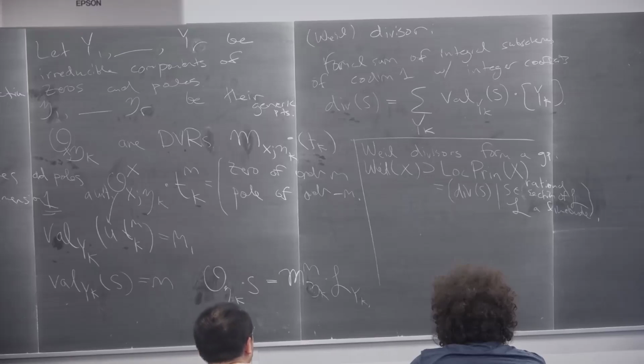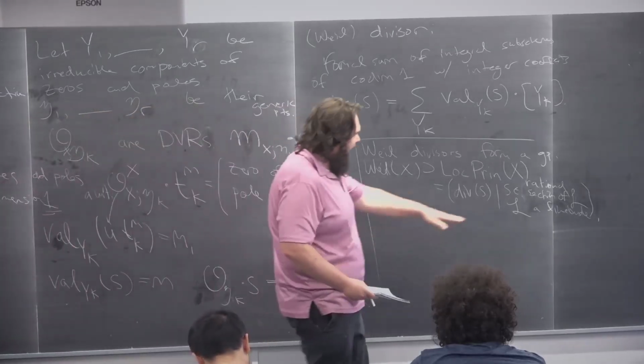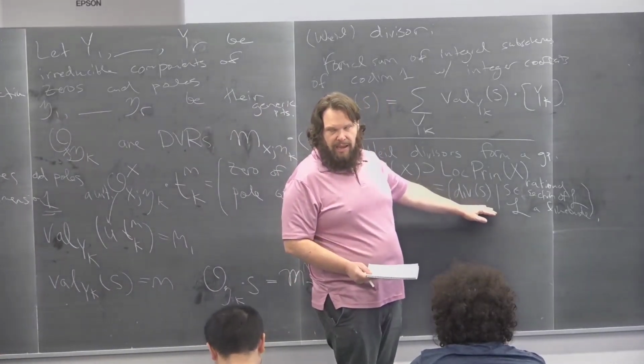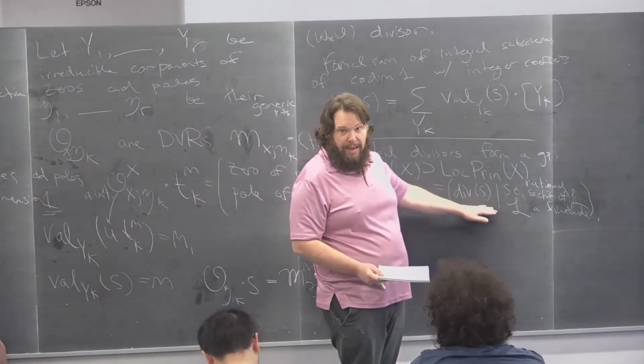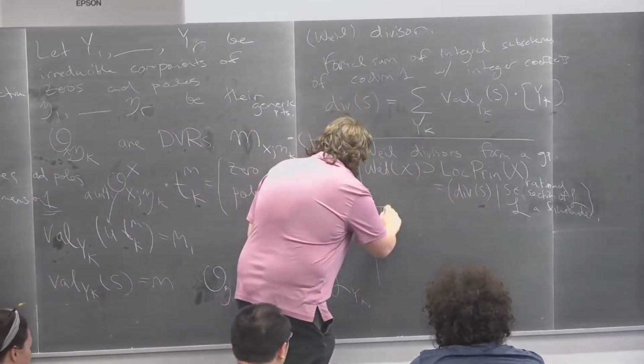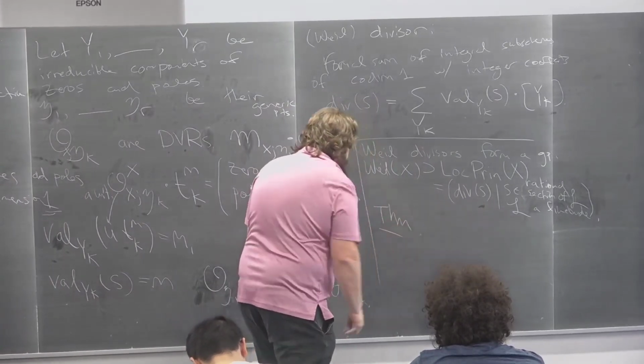So one question you might ask is, how good of an invariant is div S? How much does this tell us about S and about L? The answer is everything.